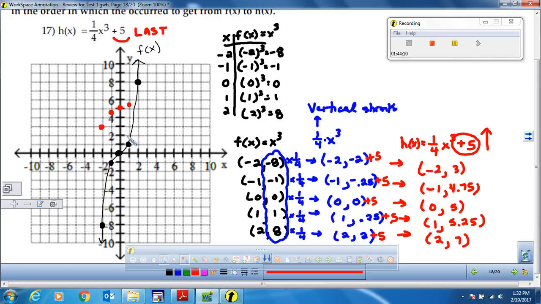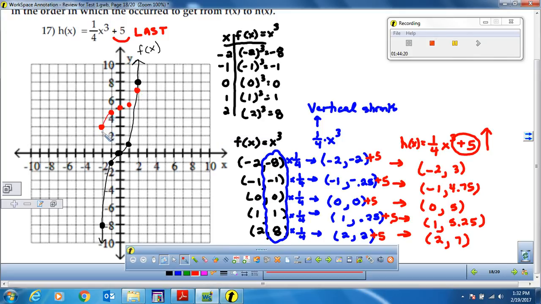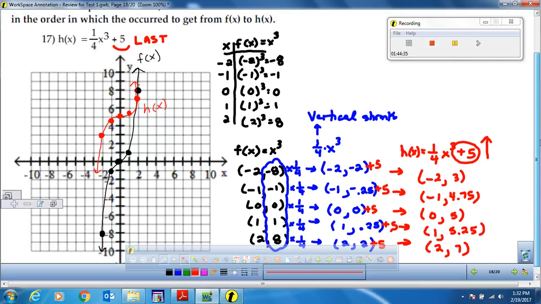And the last point is 2 and 7, which is going to be up here. And if we connect these points, this is what the vertical shrink basically looks like. The original points were shrunk vertically. So this is a graph of h of x.